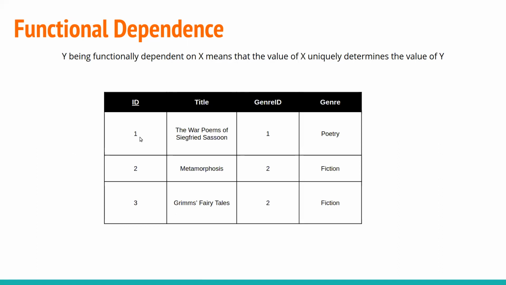So let's see that here. If we know the genre ID, I'll ask you two separate questions. We're going to say the genre ID is X, and let's make genre Y. Is Y, in this case, functionally dependent on X?